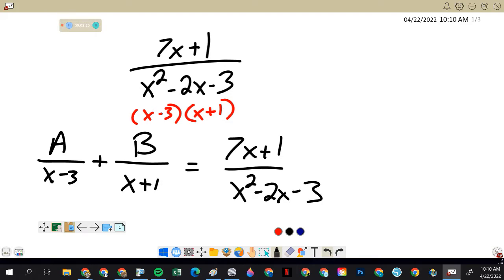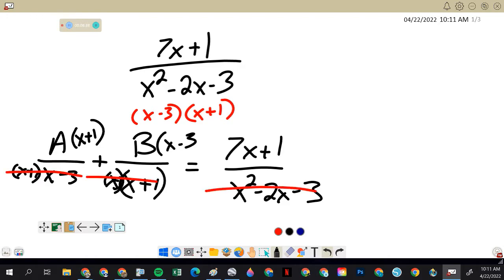All right. Well, let's get rid of the denominators. So this side needs an x plus 1, and this side needs an x minus 3. And then, of course, x plus 1 and x minus 3. Now all the denominators match, so I'm just going to drop them.